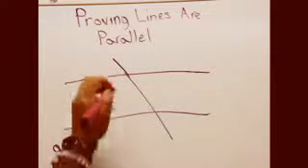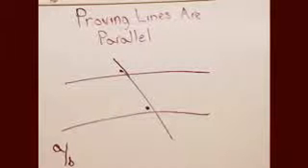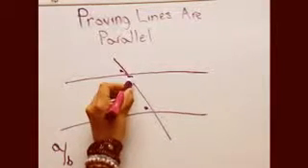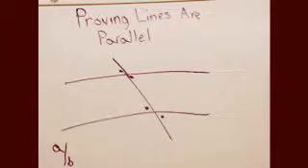Like, if they give you the measurements of these two angles, which would be called same side exterior angles, and they are congruent, then that's one way to prove them parallel. Or if they give you the measurements of these two angles, those would also be same side exterior angles. If those two are also congruent, then your lines are parallel.